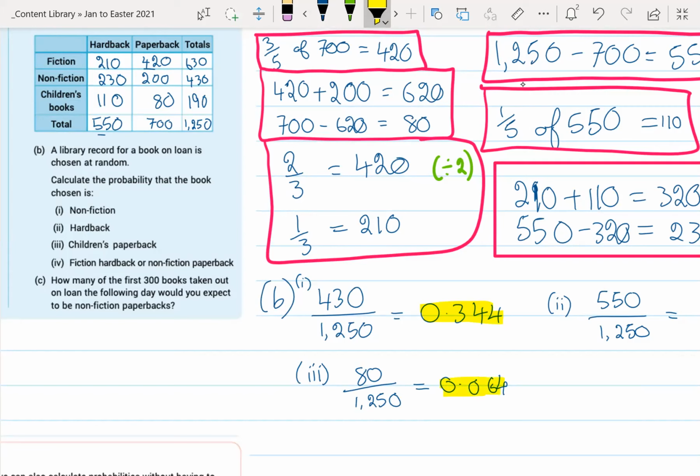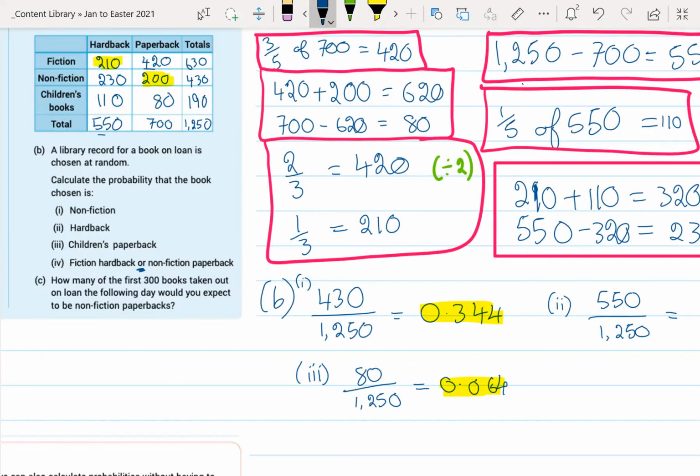And the last bit. Fiction hardback or non-fiction paperback. Now remember, or, what does or mean? In probability, that word or means to add.